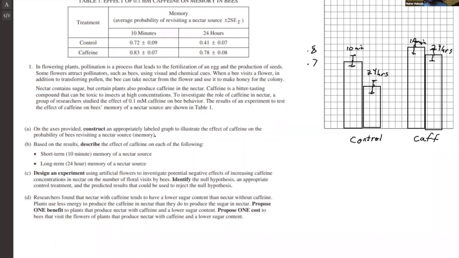Any ideas for short term? Okay. Caffeine does not affect short-term memory loss at 10 minutes. What makes you say that claim? What is the kicker?